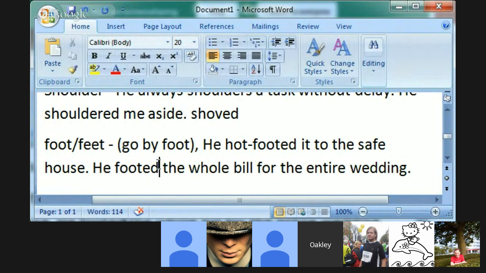No, actually, it's really not slang. It's a straight up verb, and since he paid the whole bill, he footed the whole bill, it's not particularly formal or informal. It's kind of a neutral word. It's a real verb.